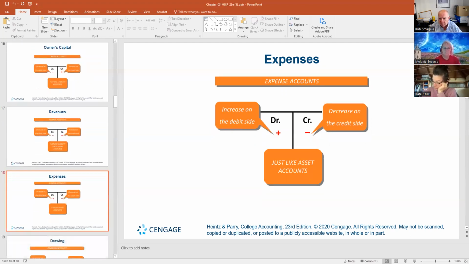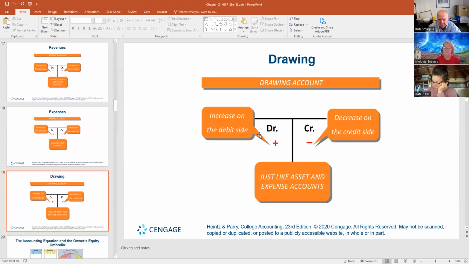If revenues go up on the credit side, expenses would have to go up on the debit side. Expenses go up on the debit side, just like assets. And then finally, and temporarily, we bring drawing into the picture. After the first exam, I don't think we're going to see the word drawing any longer.